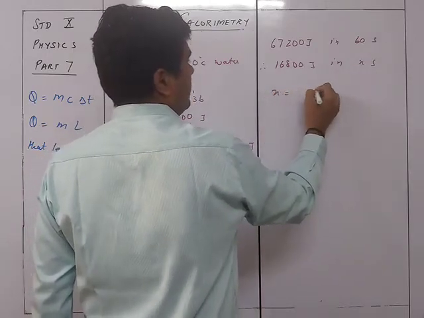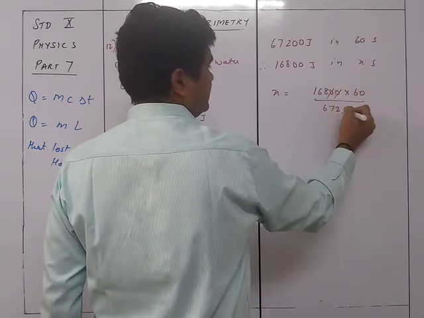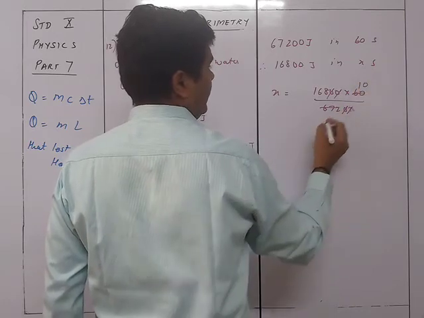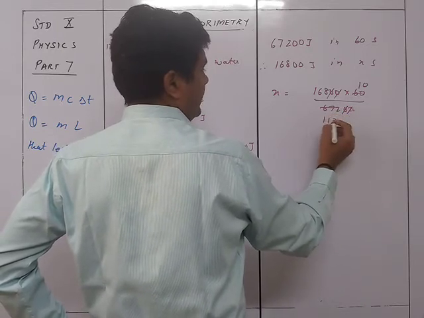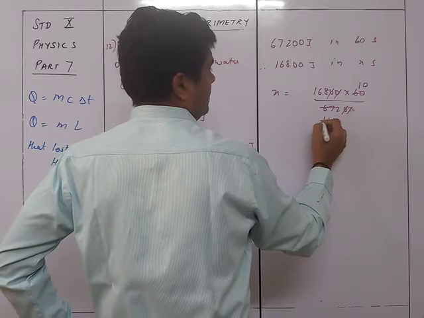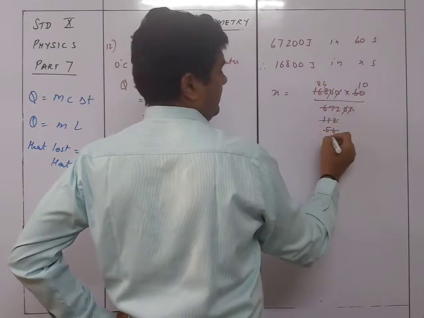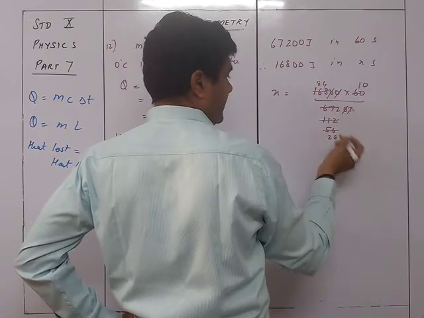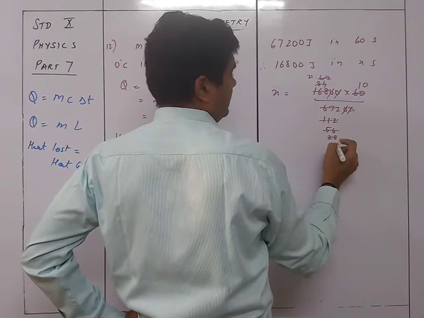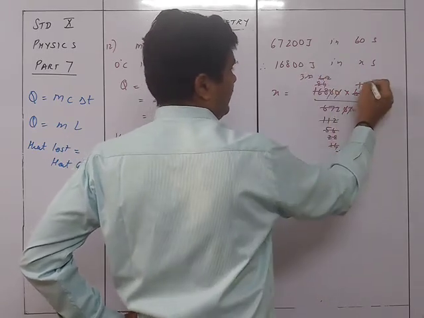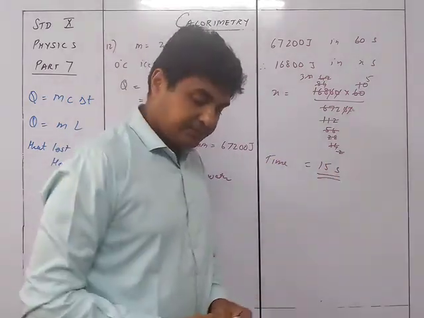So x is equal to 16800 into 60 upon 67200. Cancelling the common factors step by step, we get 15 seconds. So time taken will be 15 seconds.